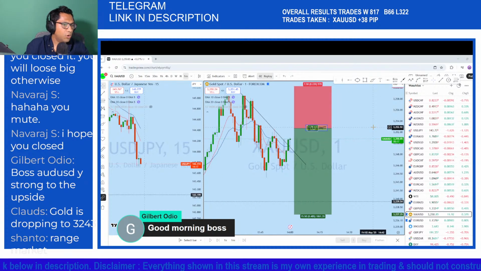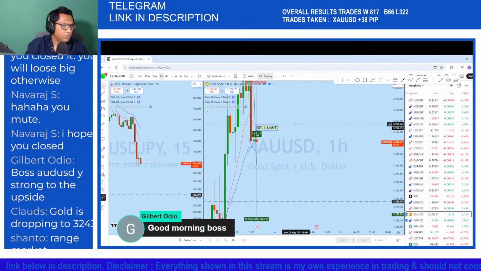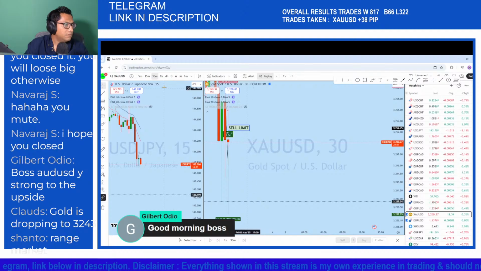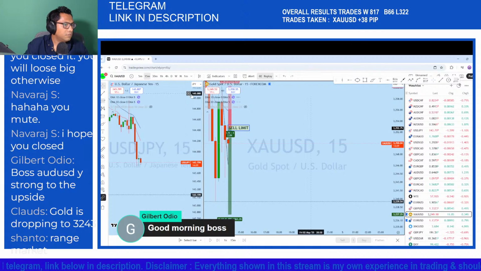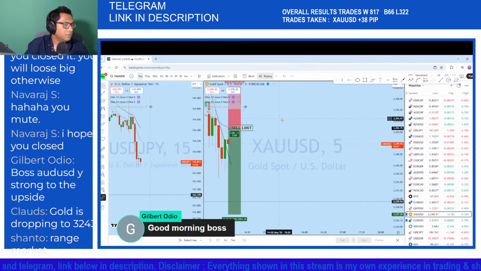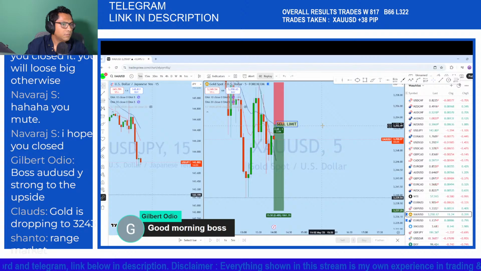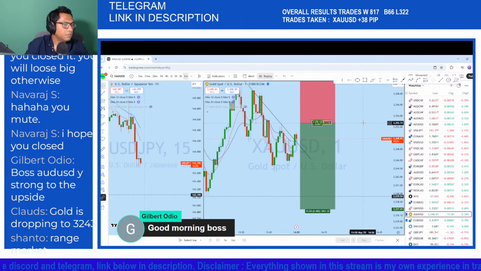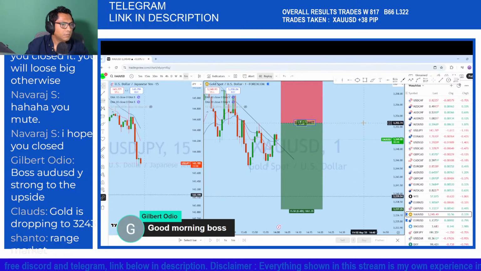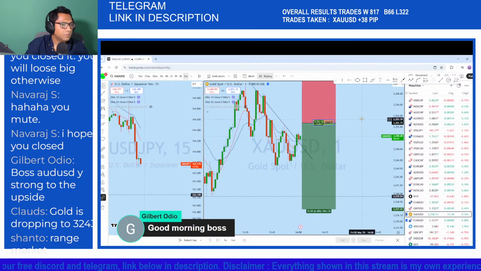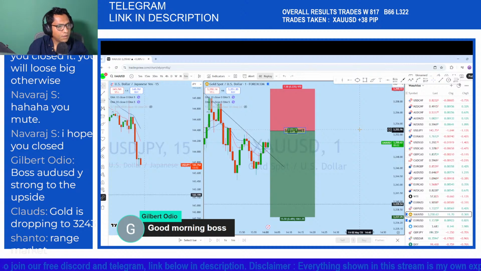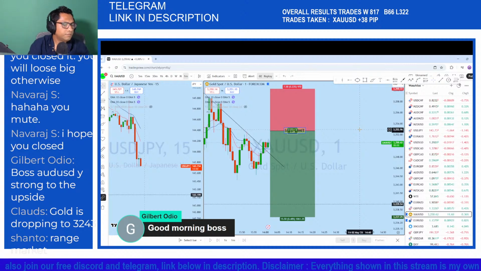So we see that 1 hour candle closed here on the lower time frame as a doji, and so place the pending order in the same area.